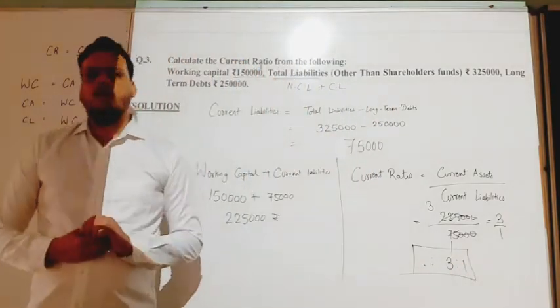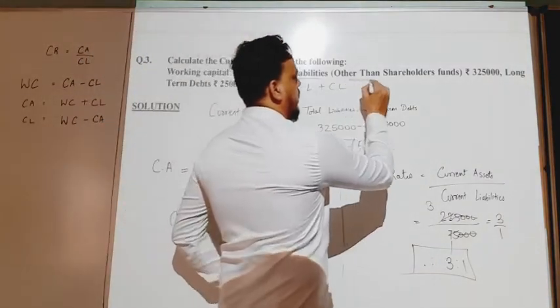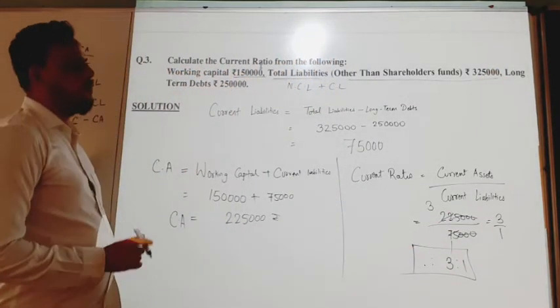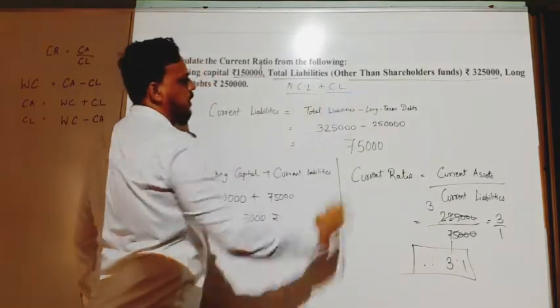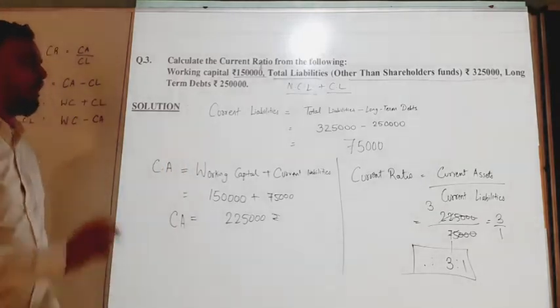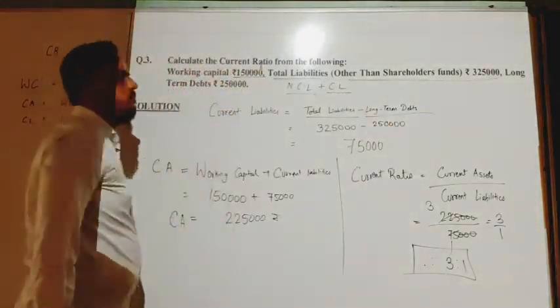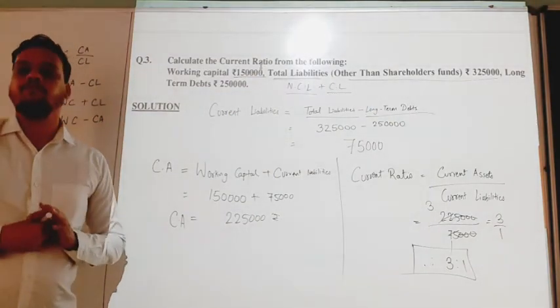So this question is very easy. Just one thing you need to know: when liabilities other than shareholders' fund are given, it includes non-current liabilities and current liabilities. You have to find the exact current liabilities. That's why I took total liabilities minus long-term debts, and then we got the current liabilities.